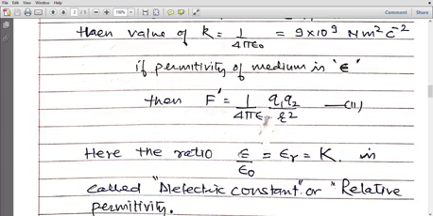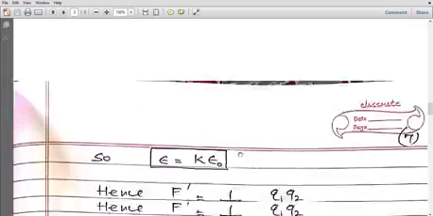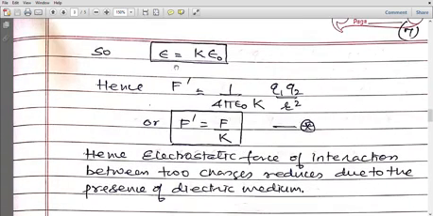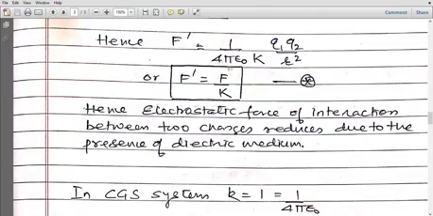From this expression we can find the value of epsilon: epsilon is equal to K times epsilon 0. Substituting this value in equation number 2, F dash is equal to 1 upon 4 pi epsilon 0 K Q1 Q2 upon R square.